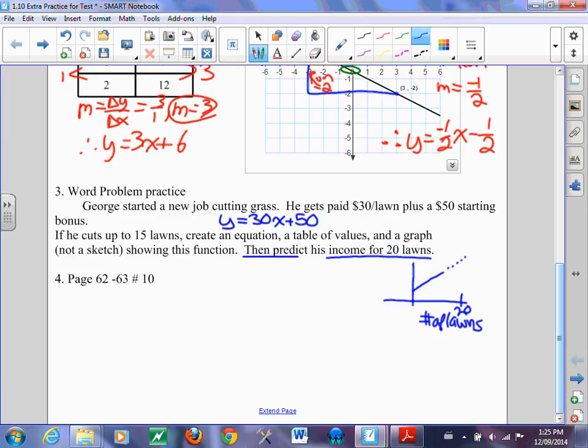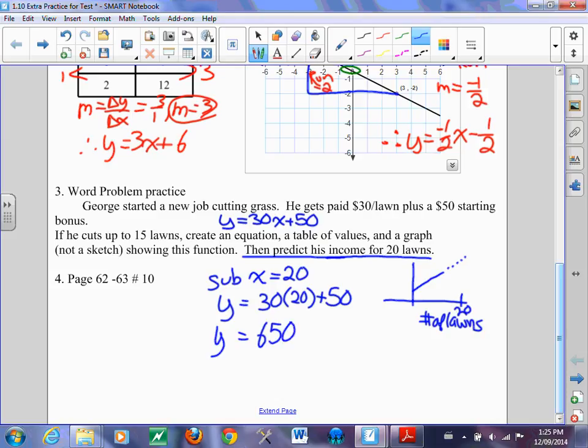So to solve this, now that we've got our equation, you're going to sub in x equals 20 into your equation. So it's going to be y equals 30 times 20 plus 50. Plug your calculator in, and that's going to be 650 total. Check on your graph to see if that makes sense.